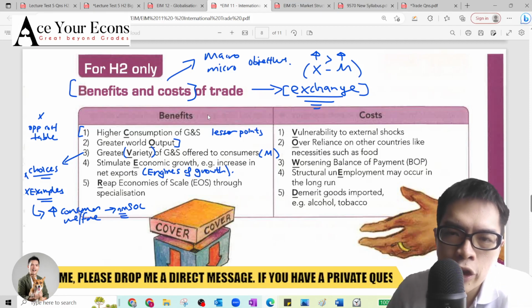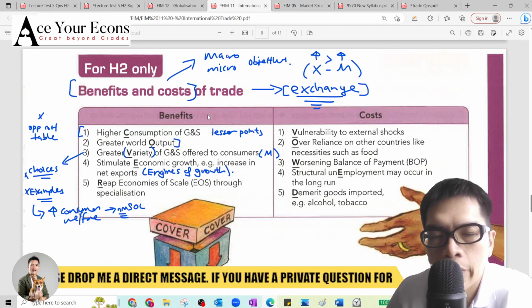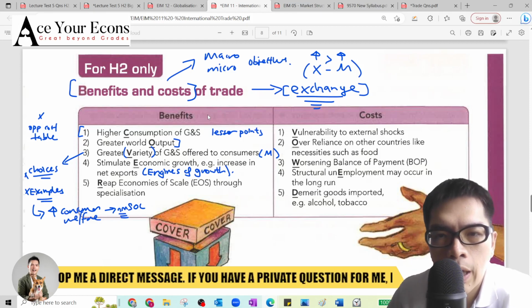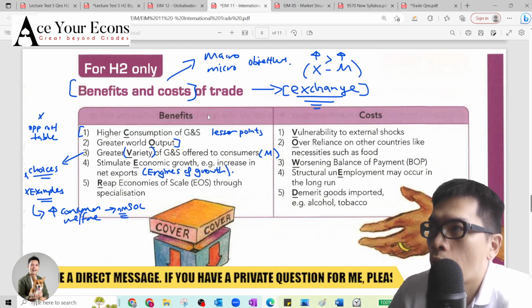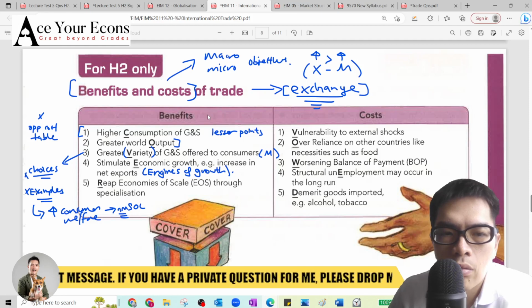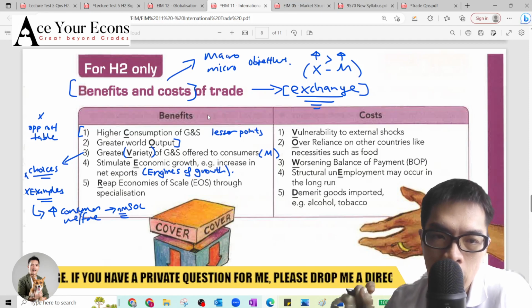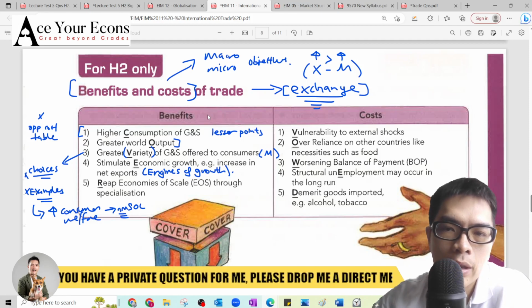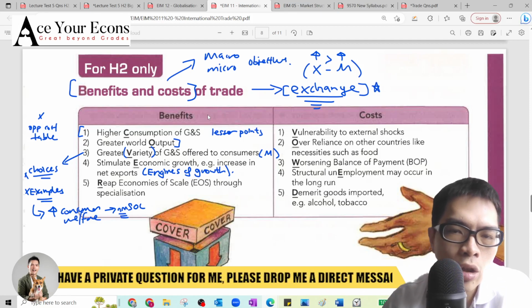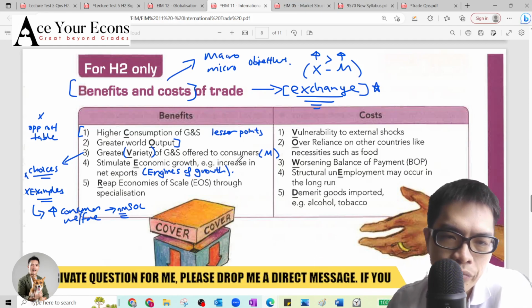Or does exchange arise when countries focus on the goods that they have a comparative advantage in and import goods that they have a comparative disadvantage in? So remember to justify how X minus M goes up. This is the catch. This is not a random AD point. You have to illustrate X minus M.